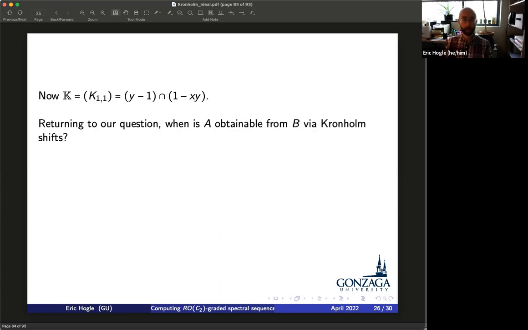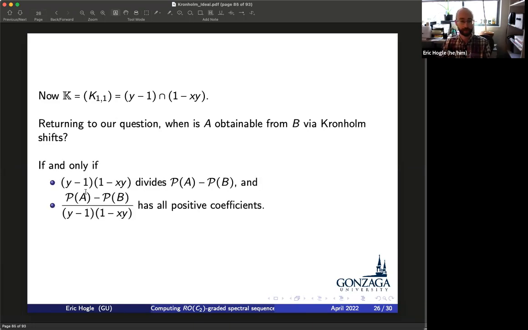Okay, so we can now return to this original question. We've shown that the Cron-Holm ideal is finitely generated. If I want to check in my theory if you can actually shift one cohomology into another by Cron-Holm shifts, how do I know if that's possible?